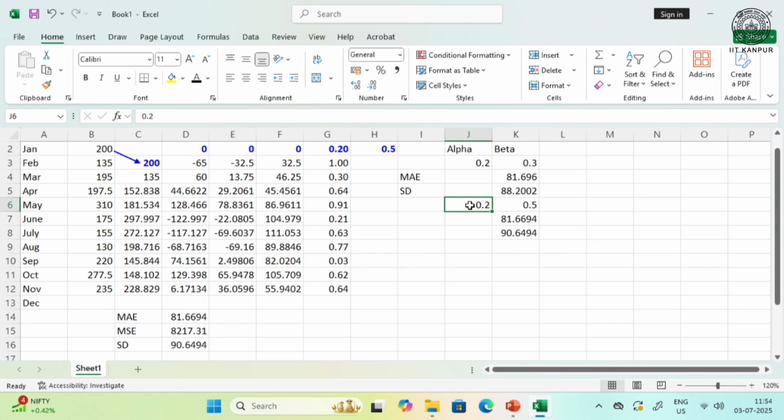Let me make it a bit more clear: the mean absolute error and standard deviation.